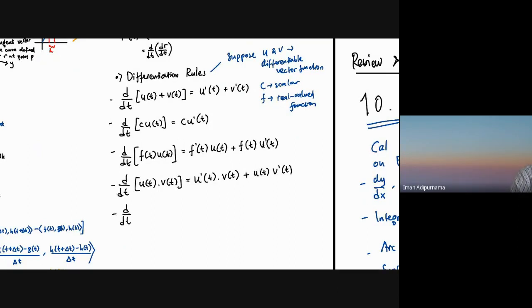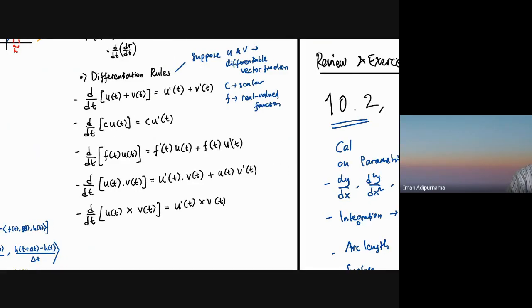Also, you can take the cross product, and you also have a product rule.